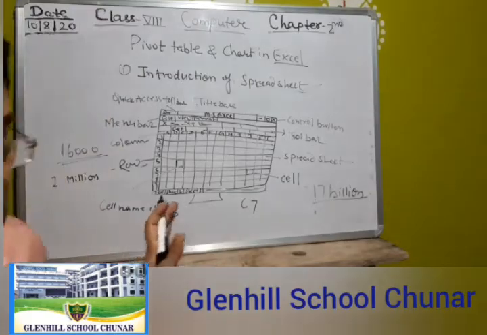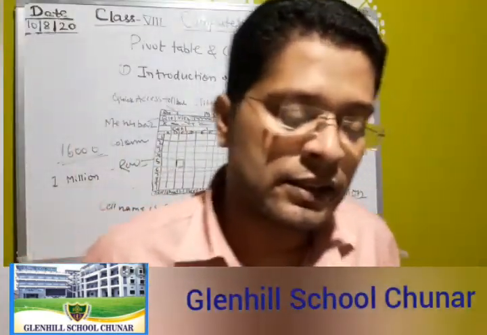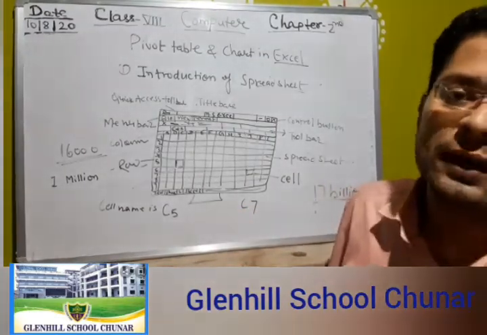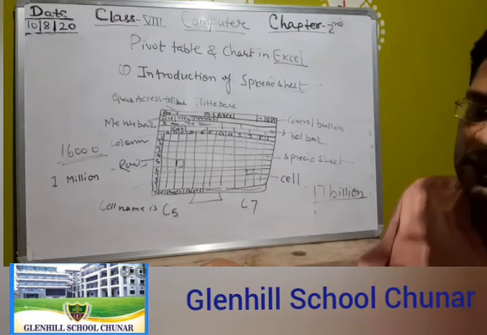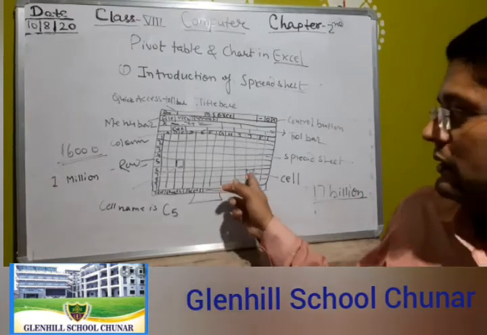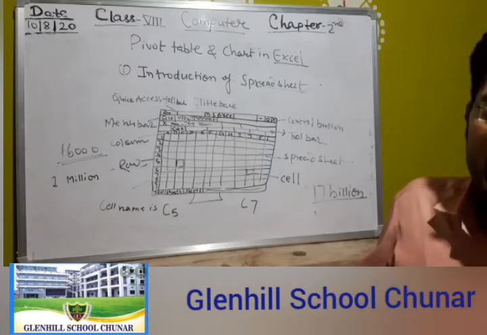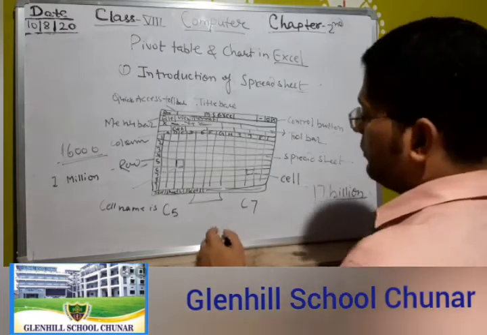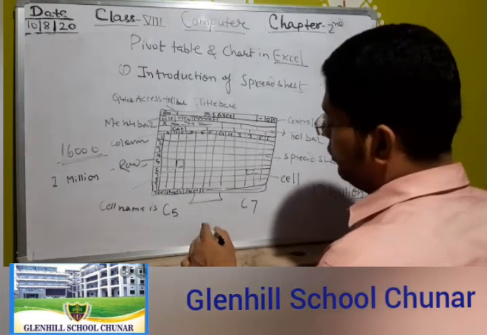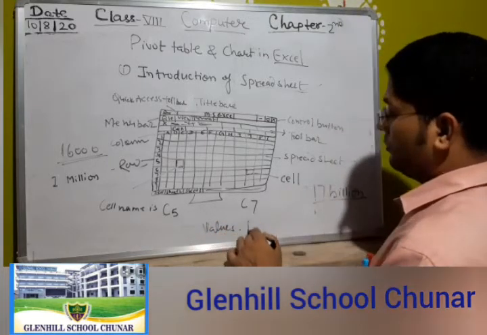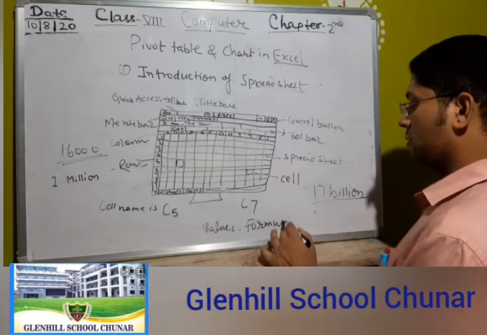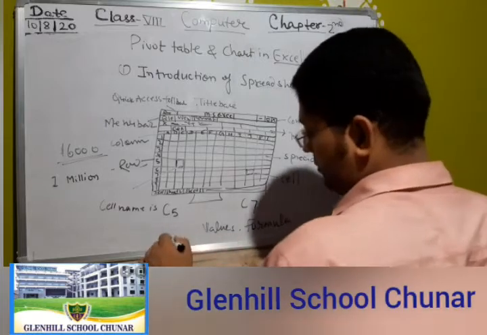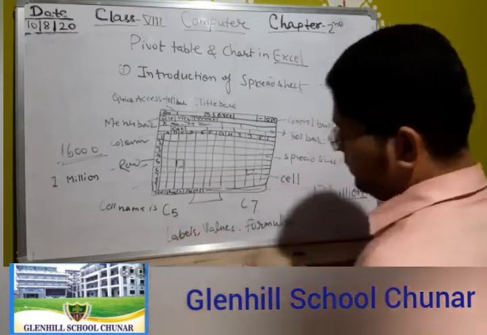Okay, so a cell can contain three types of data: labels, values and formulas.